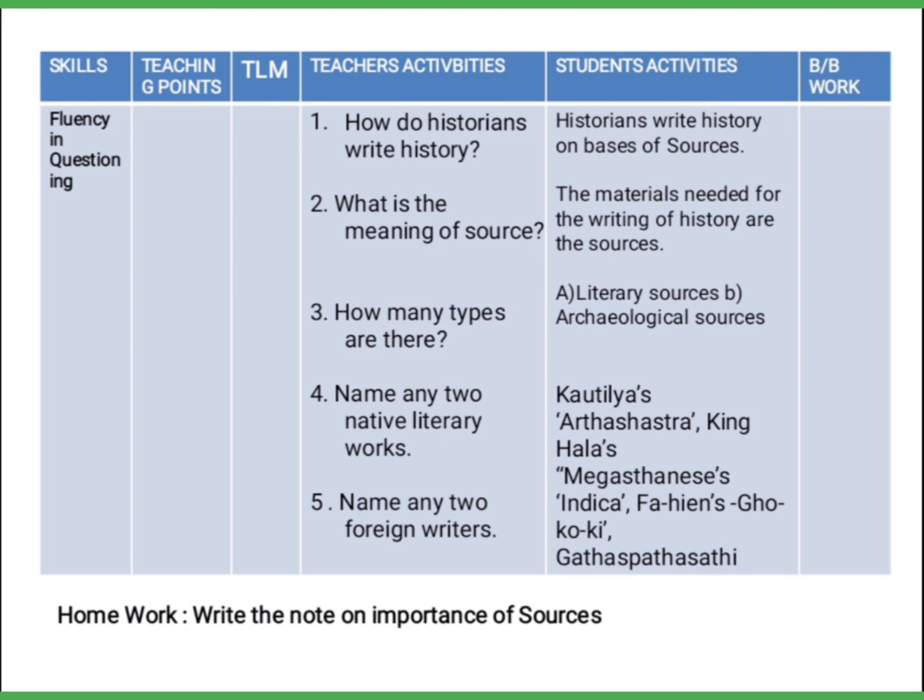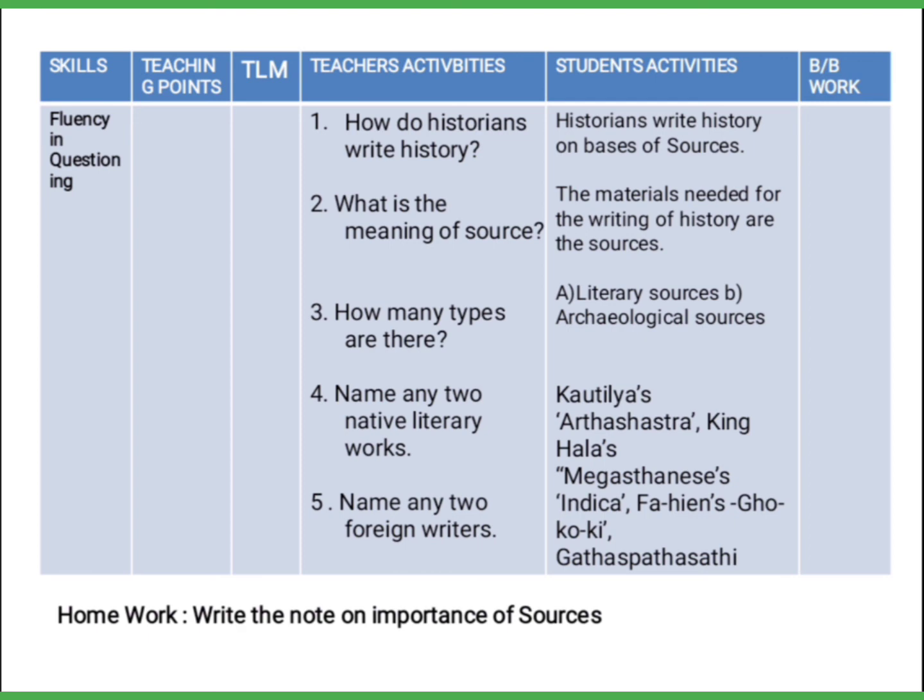The first question is: how do historians write history? The answer is, historians write history on the basis of sources. Then what is the meaning of sources? The answer is, the materials needed for the writing of history are the sources. Then how many types are there? First one is literary sources.